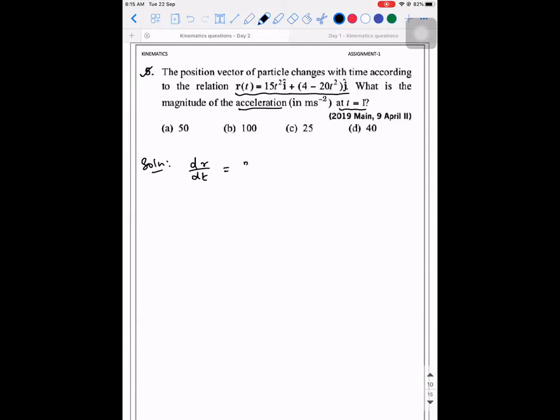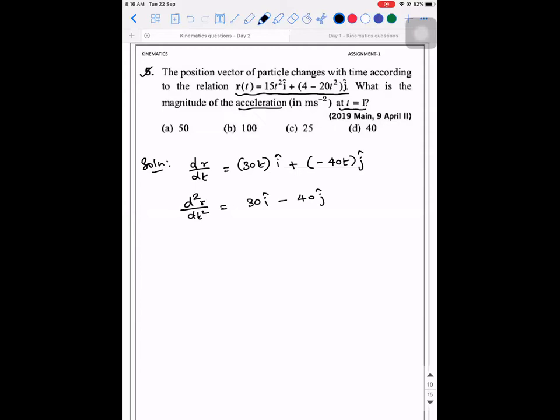That is 30t i cap, so don't forget this i cap, plus minus 40t j cap. Correct? Similarly, d square r divided by dt square will be 30 i cap minus 40 j cap.